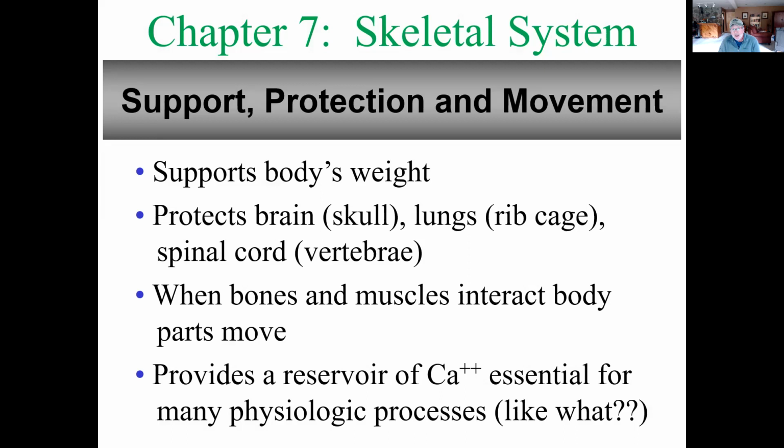And so we store our calcium in our bone matrix. And when we need more, there are mechanisms available to extract a bit of that calcium from the bone bank, if you will, in the matrix, and use it for whatever the body needs to use it for.